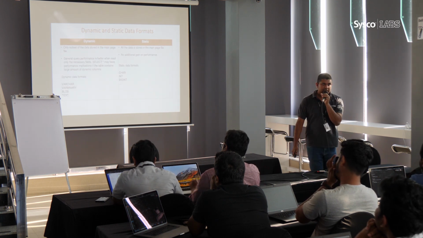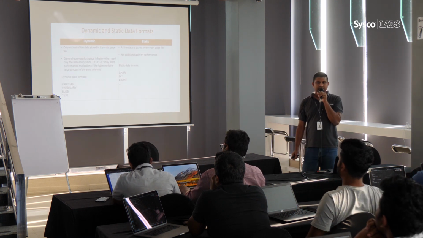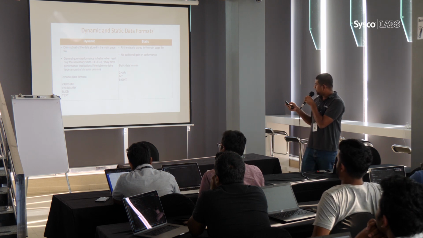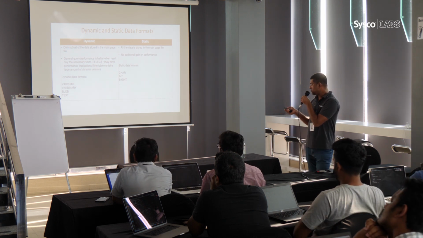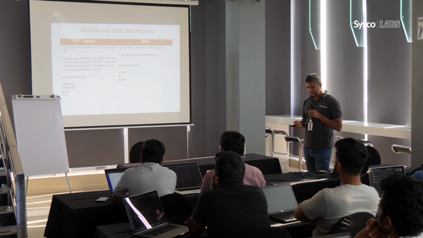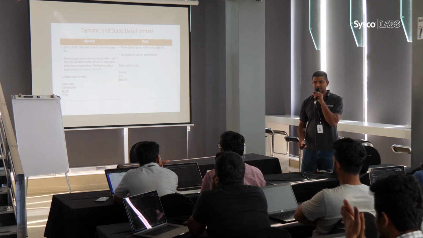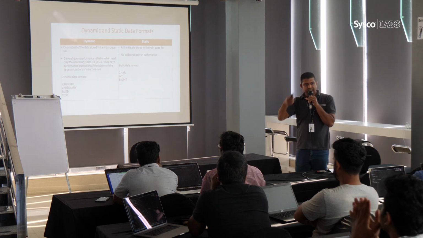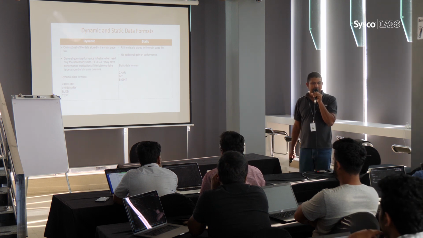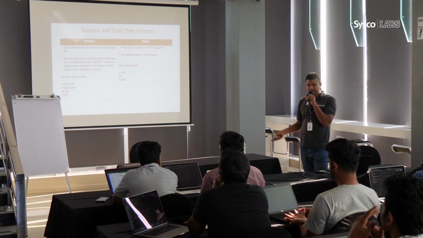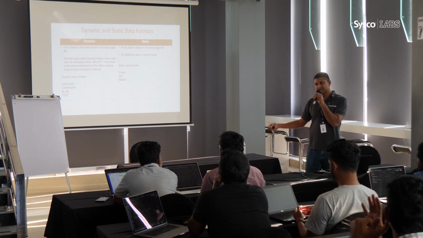is dynamic and static data formats. Basically, the main difference with dynamic is that you may need to store large text or images, or let's say large data. You might not read those fields every time.